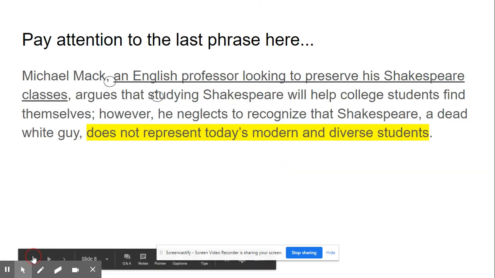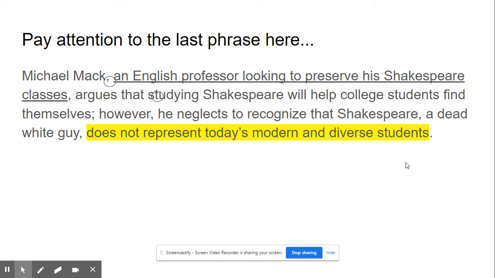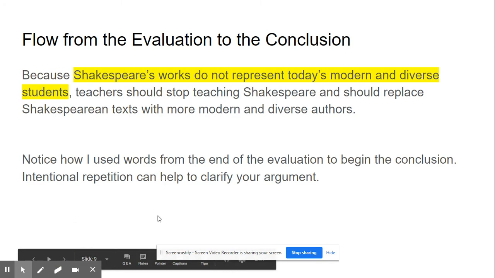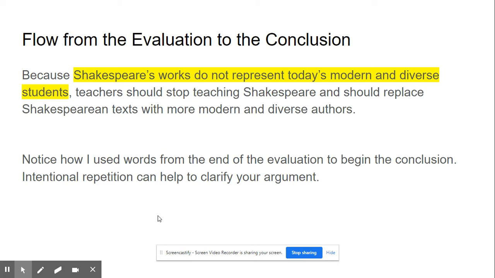So let's go back here. All right, so remember, I ended this evaluation here saying a dead white guy does not represent today's modern and diverse students, okay? So then I took that phrase and I started the conclusion with similar words.